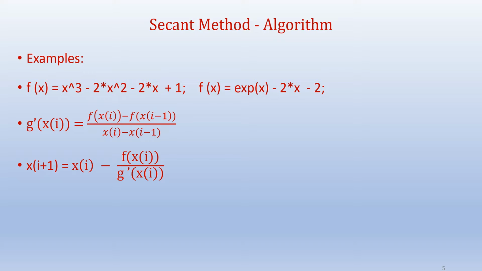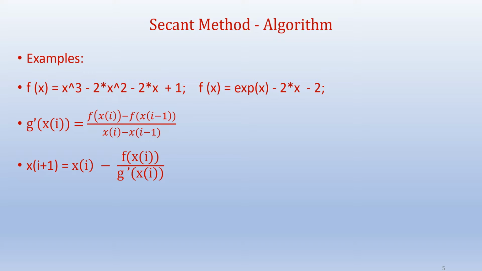Once f of x is known, based on the two initial values x of i and x of i minus 1, we need to find the slope of the secant, or the slope of the line joining these two points on the curve. That is g dash of x of i equals f of x of i minus f of x of i minus 1 divided by x of i minus x of i minus 1.